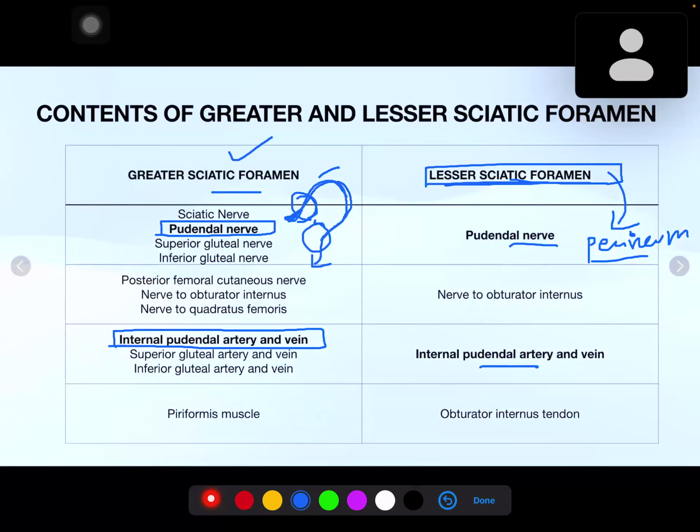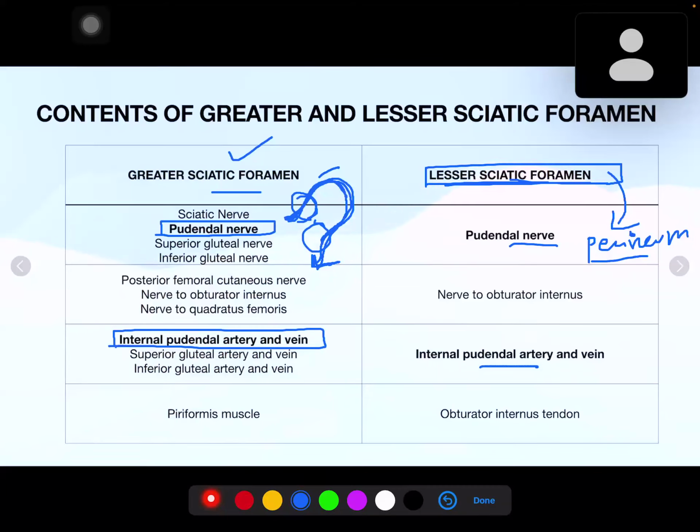Okay, so you have to remember that the pudendal nerve and pudendal vessels go out from the greater sciatic foramen and then re-enter through the lesser sciatic foramen to supply the perineum. Okay, so this is similar, you can say, for both.